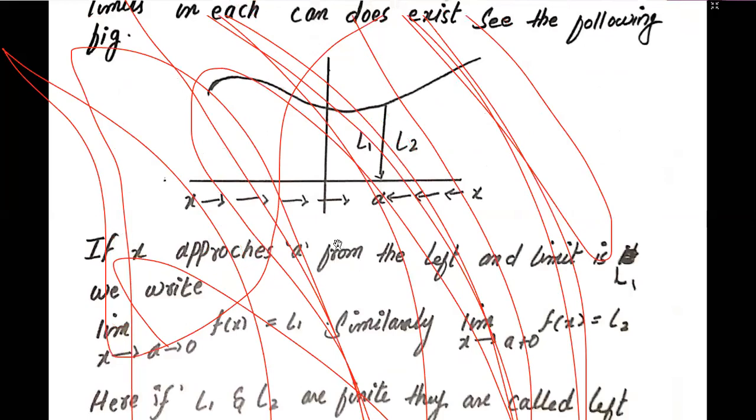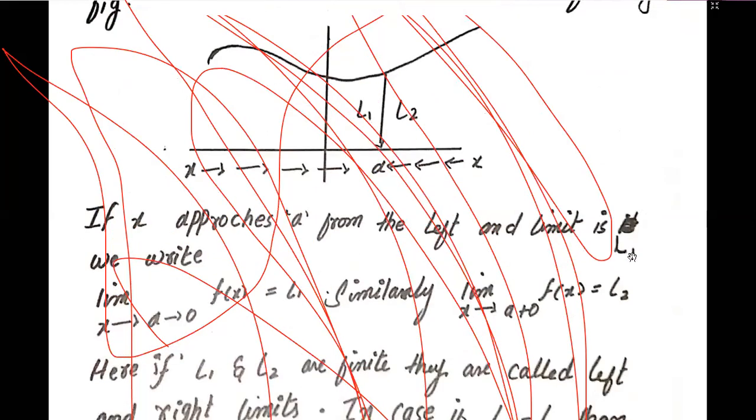If x approaches a from the left and the limit is L1, we write limit x tends to a minus 0, f of x equal to L1. Similarly, if x approaches a from the right, we write a plus 0, f of x equal to L2. Here L2 is also a finite limit.